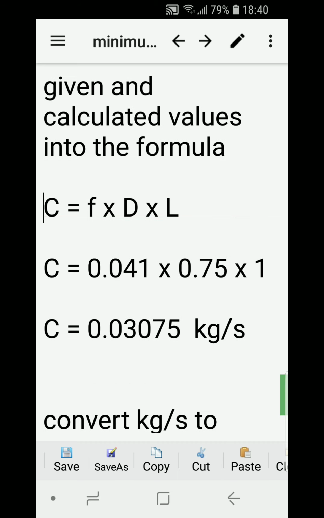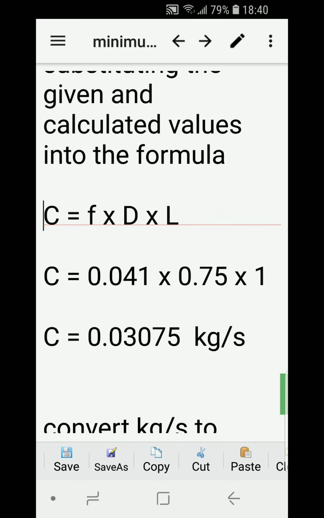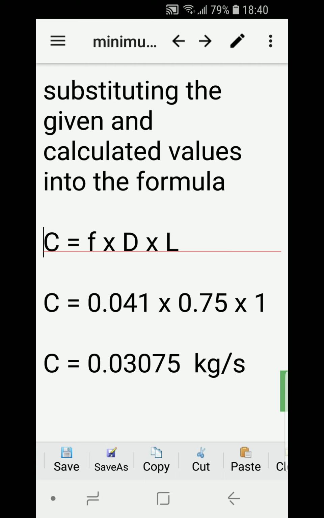Okay, we got the working formula. C is equal to F times D times L. C is equal to 0.041 times 0.75 times 1. Sorry, C is equal to 0.03075 kilogram per second.